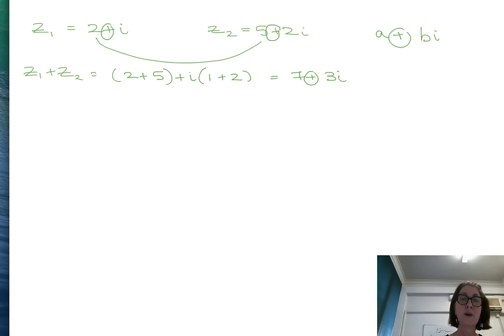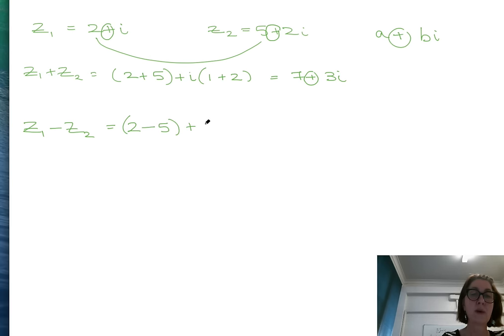So let's go back to our example again. Instead of taking Z1 plus Z2, we might try and take Z1 minus Z2. The rule says for the real part of this new number, we take the real part of Z1 minus the real part of Z2, plus, for the imaginary component, we have the imaginary part of Z1, which is 1, and then we subtract off the imaginary part of Z2, which is 2.